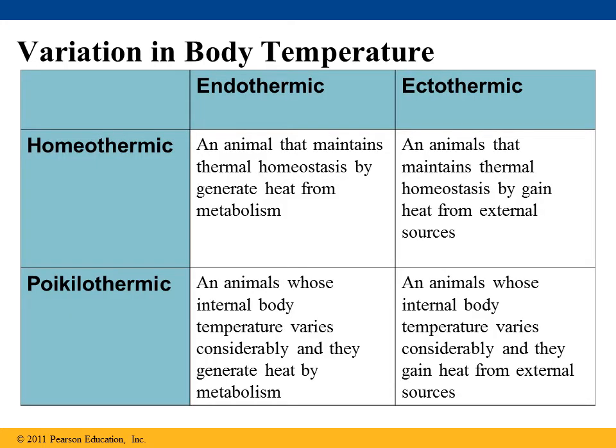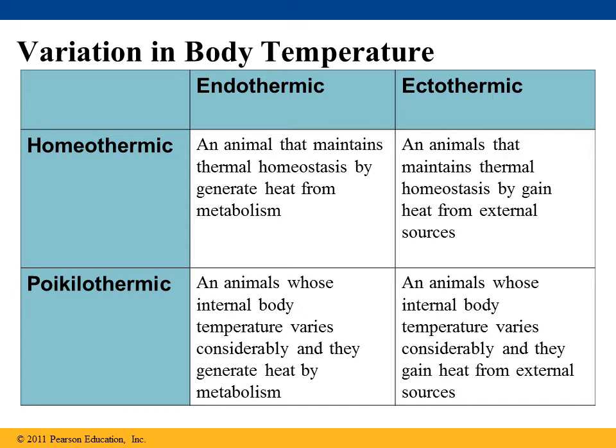So here is a table that explains the different types of animals in reference to their internal body temperatures. Here we have the first box, which shows us an animal which is endothermic and homeothermic. This is an animal that's going to maintain internal homeostasis by generating heat from metabolism.